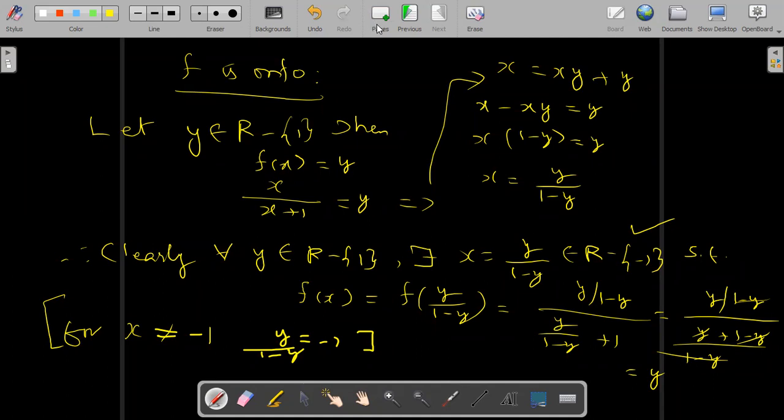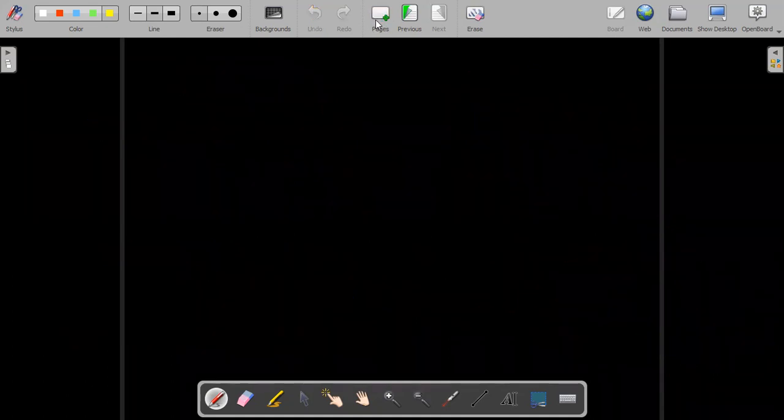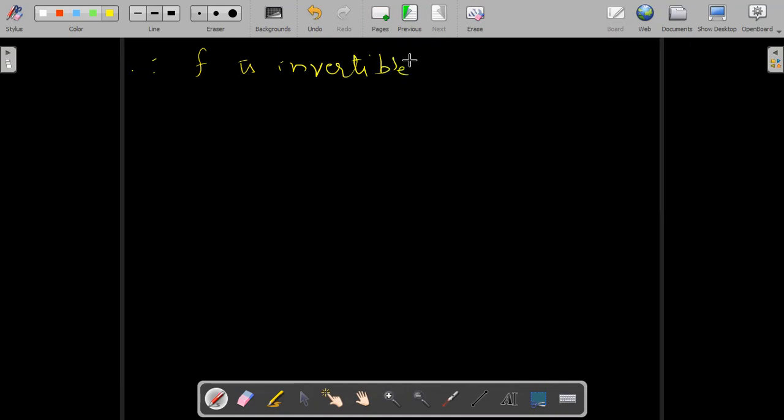Next step we have to find the inverse of this function. Okay. So f is one-one and onto, it is proved, therefore f is invertible because it is one-one and onto. When it is invertible, we have to find the inverse of this function.